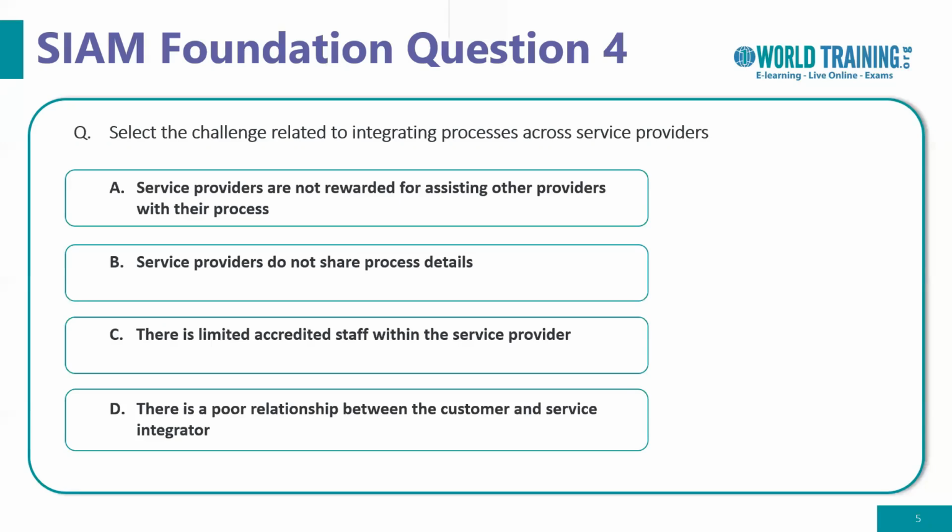So alpha, service providers are not rewarded for assisting other providers with their processes. Do you think it's a challenge? Seems to be, not rewarded. So it could basically be a challenge, right?